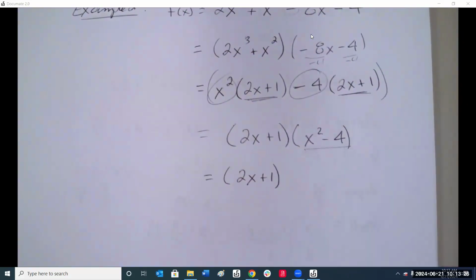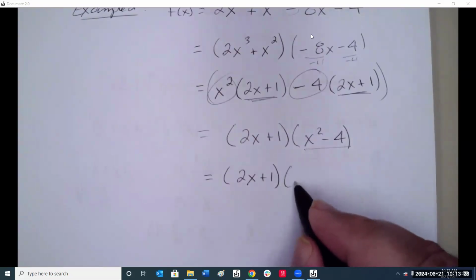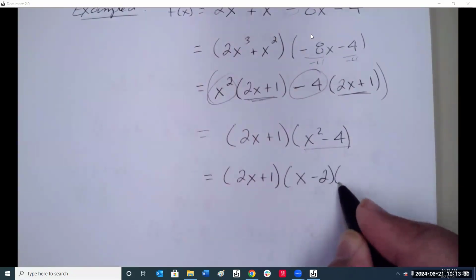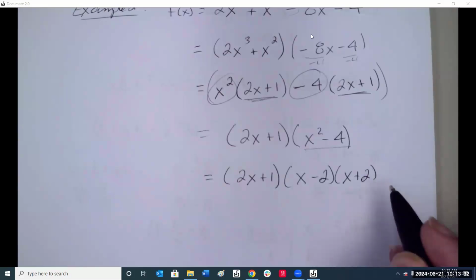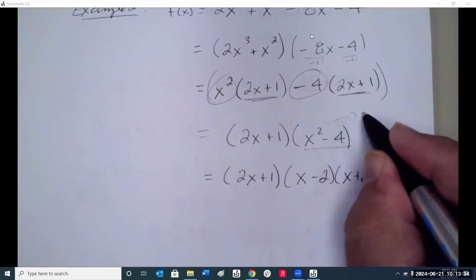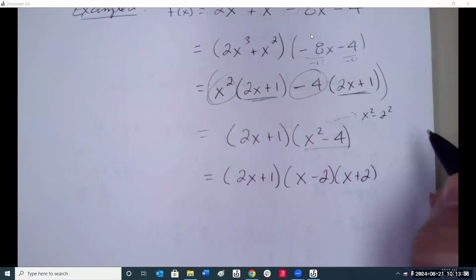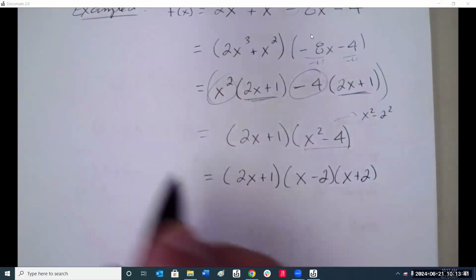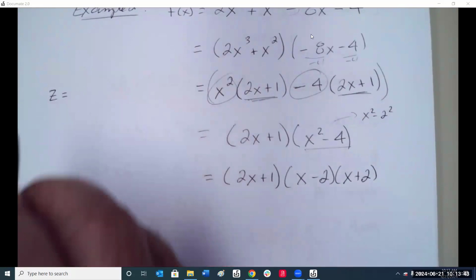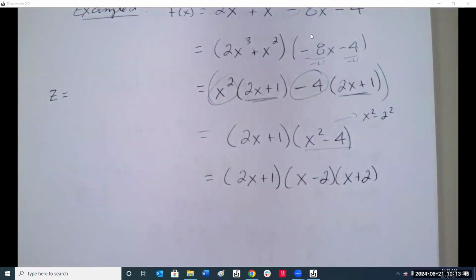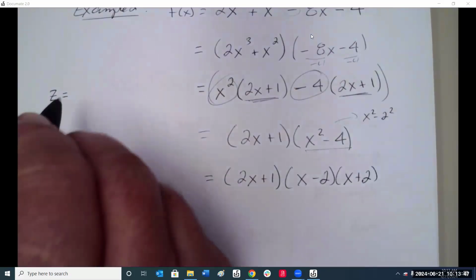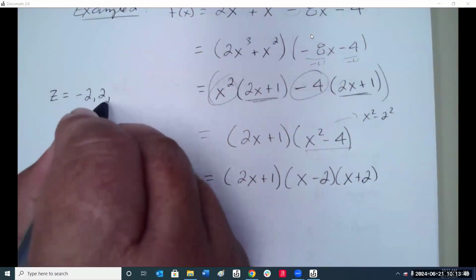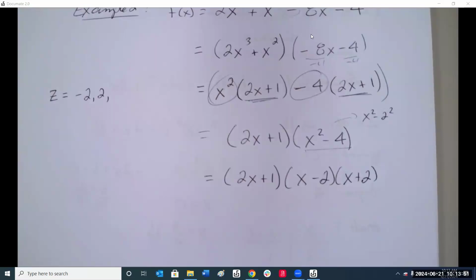And this one, can we factor that one out? Yeah. Very good. It's a difference of 2 squares, because this one is x squared minus 2 squared. So our zeros are at 2, and then 1. No. The last one's wrong.